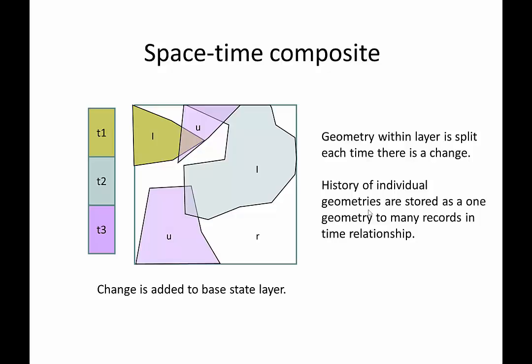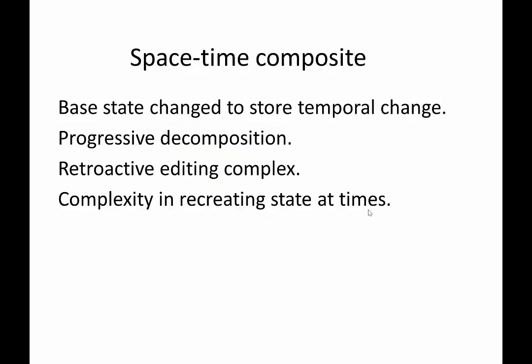Now there's a real problem with this one, in that every time something changes, you're cutting your layer into smaller and smaller units. So eventually you end up with these tiny fragmented layers that have to be reconstructed through their attributes. And I've tried to do this, and it is a real pain to do.